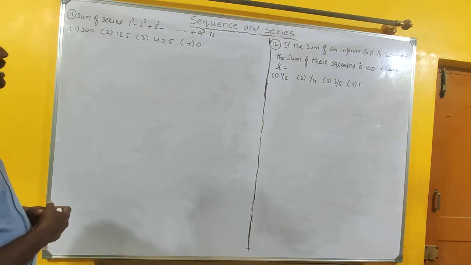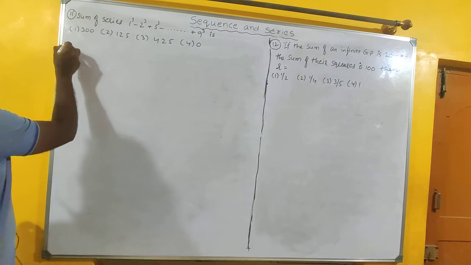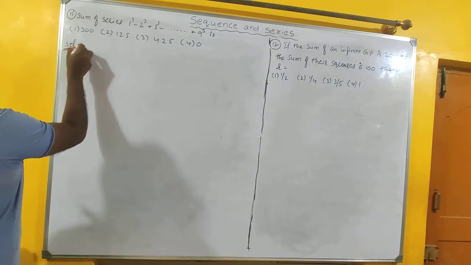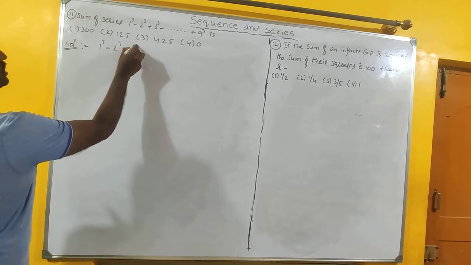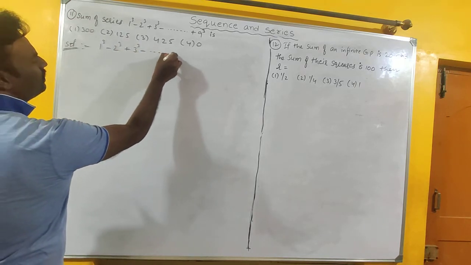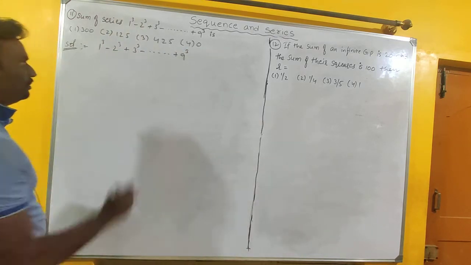Next, the 11th question. We need to find the sum of the series 1 cube minus 2 cube plus 3 cube minus and so on plus n cube.